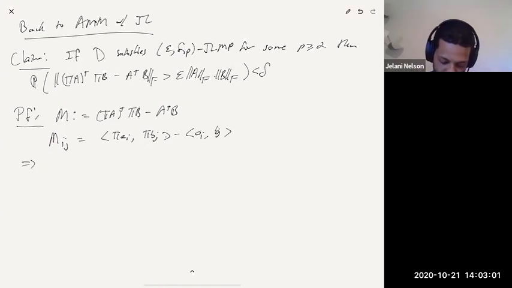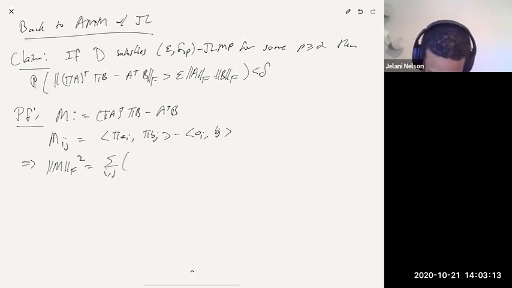So that implies that M Frobenius norm squared is equal to the sum over all ij of this thing squared. And again, what I'm going to do is I'm going to write this. Let me define now Ai tilde, just define it to be Ai divided by its norm.